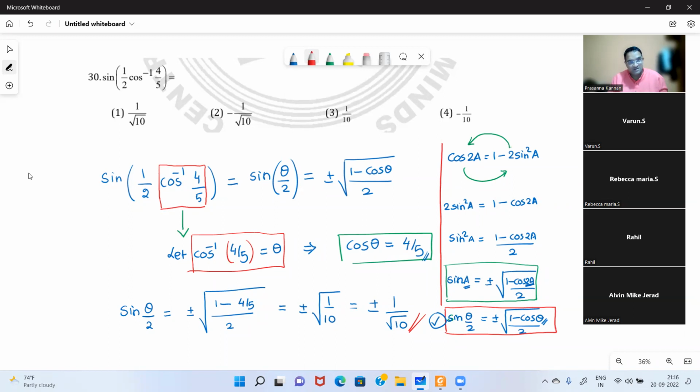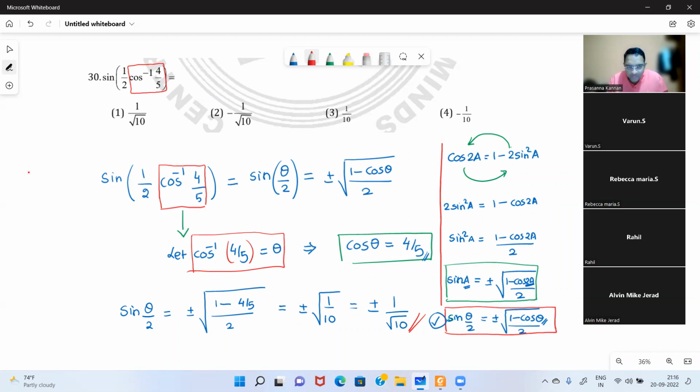If you see the angle cos inverse 4 by 5, it will be lying between 0 to pi.